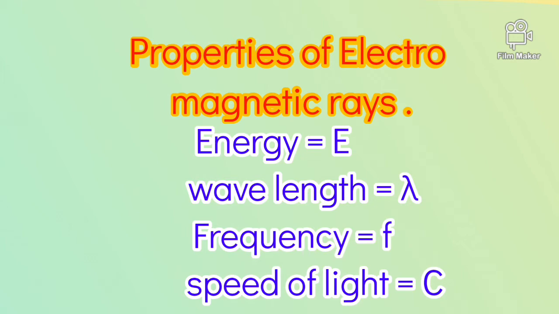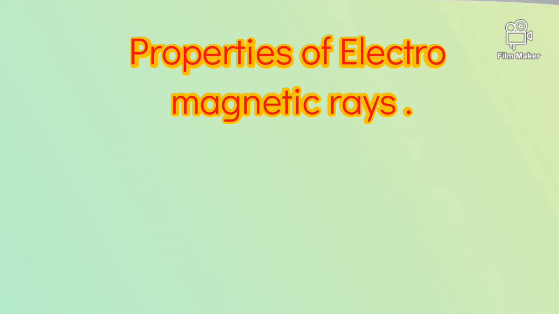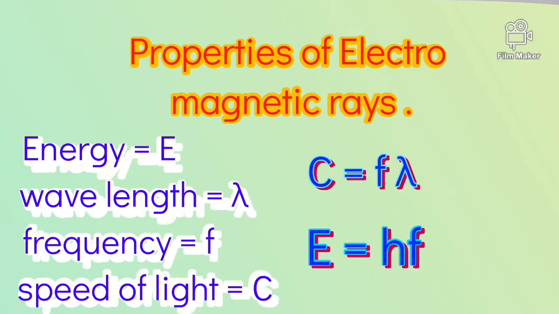Frequency, some people use f, some people use nu. Speed of light is c, some people use c, some people use v. Actually, c equals f lambda, or c equals fL.